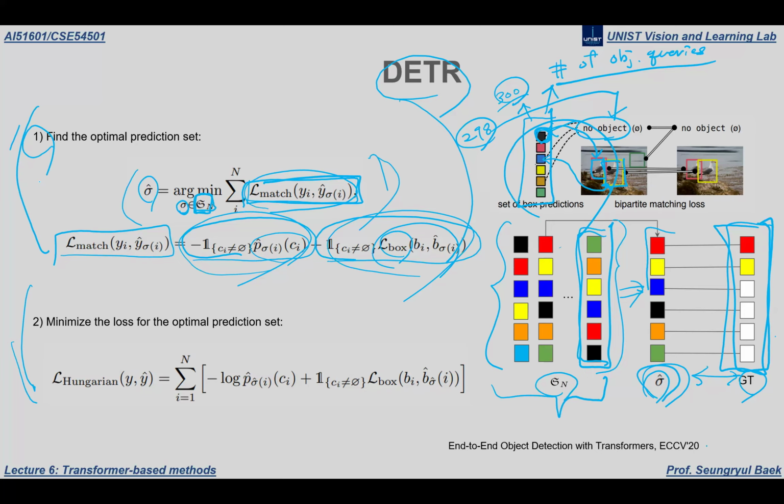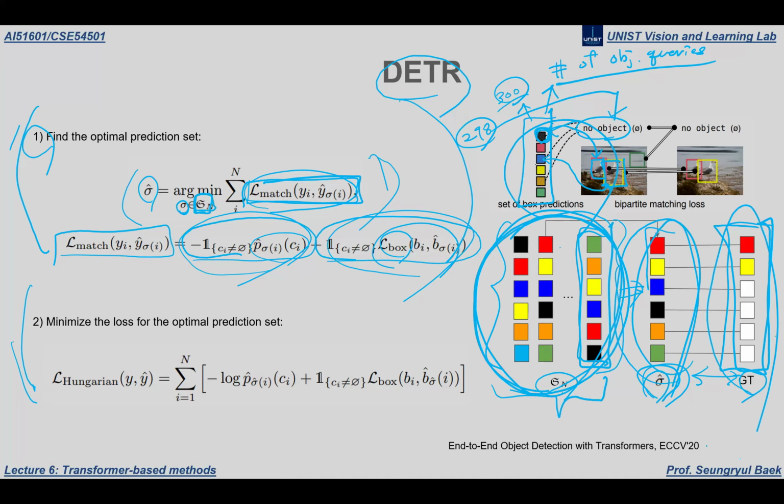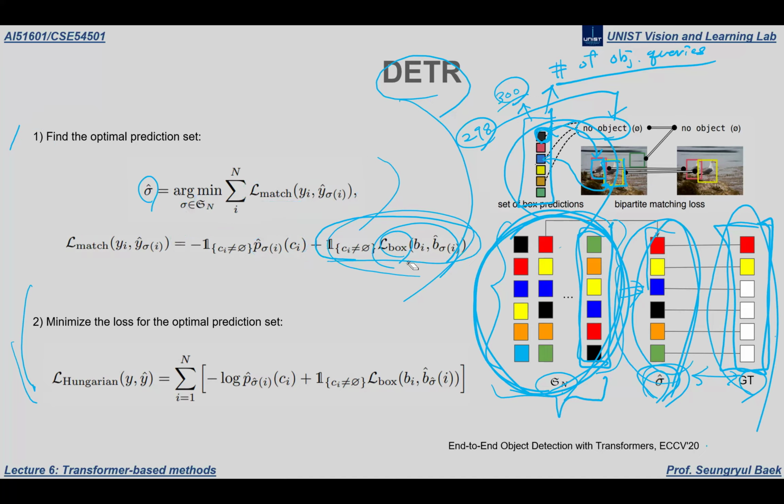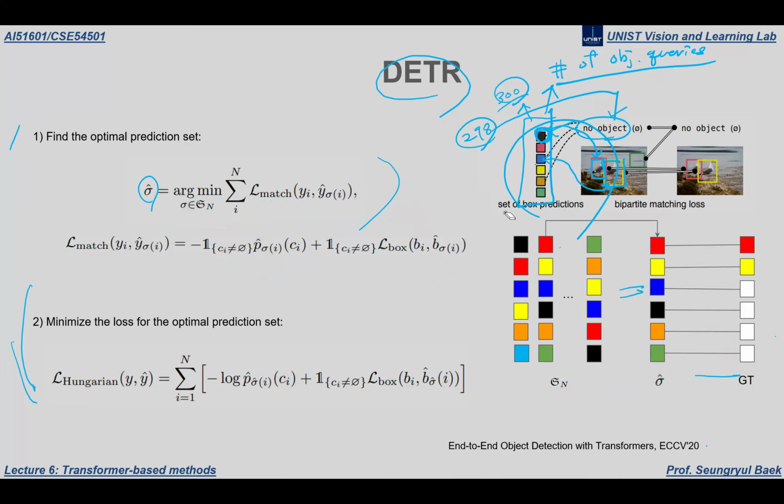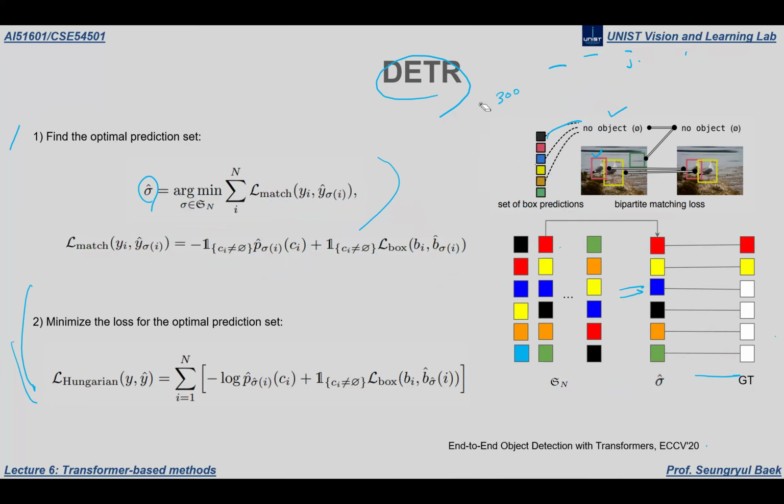For doing that, we first calculate all the possible permutations, and among these permutations, we find the one order that best matches the ground truth. That happens in the first stage, and there's no gradient update in the first stage. We are just finding the best matched order.